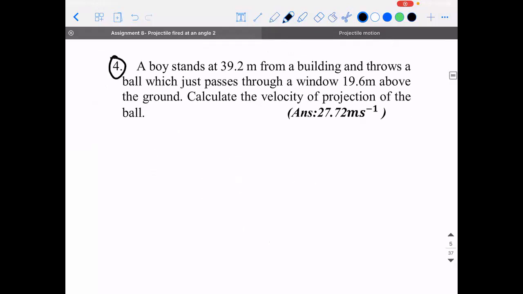Okay, so fourth one. A boy stands at 39.2 meters from a building and throws a ball which just passes through the window, which is at a height of 19.6 meters above the ground. Calculate the velocity of projection of the ball.